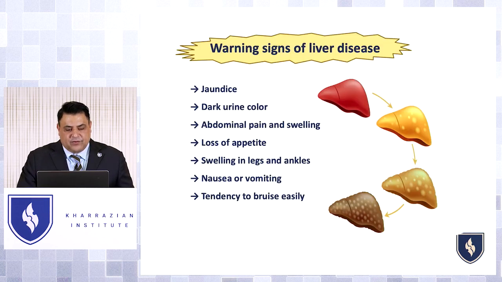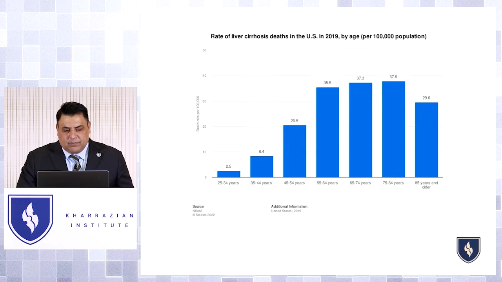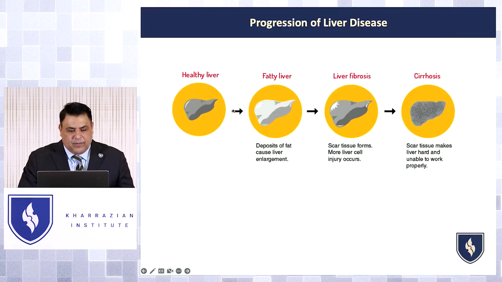Obvious red flags for liver disease are jaundice and abdominal pain and swelling, loss of appetite, nausea, vomiting, tendency to bruise. But when people develop liver diseases, cirrhosis is the main concern. They go from a healthy liver to fatty liver deposits, to scarring, to cirrhosis as the main mechanism.